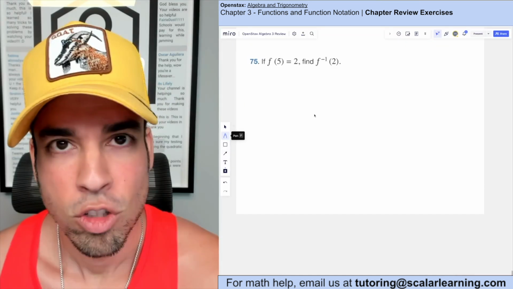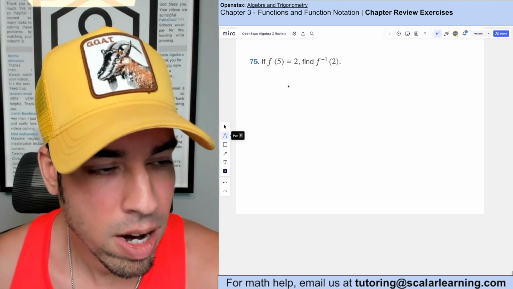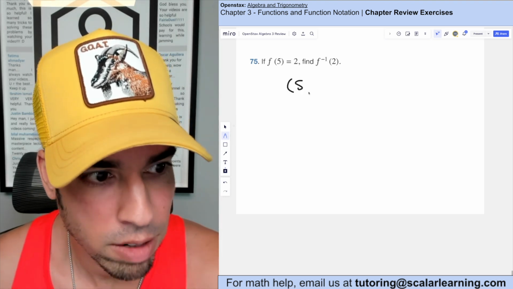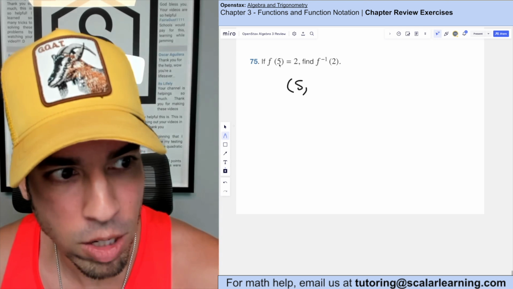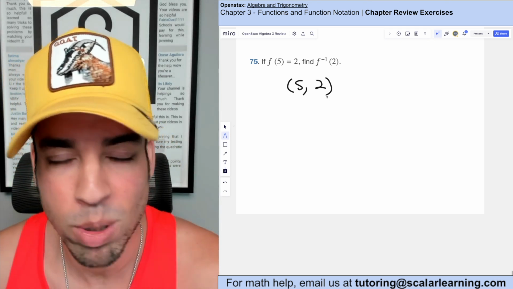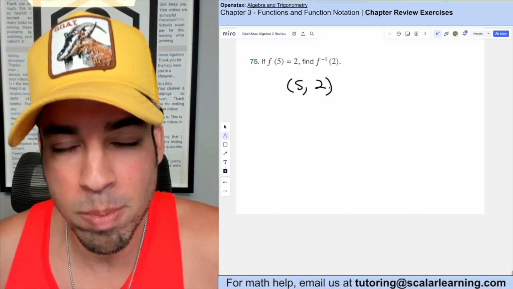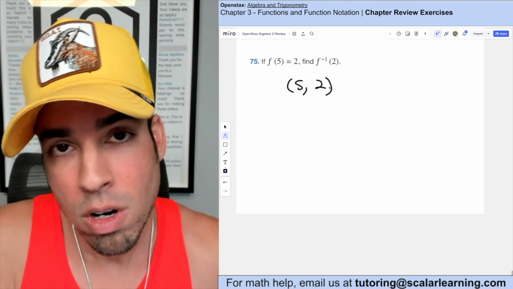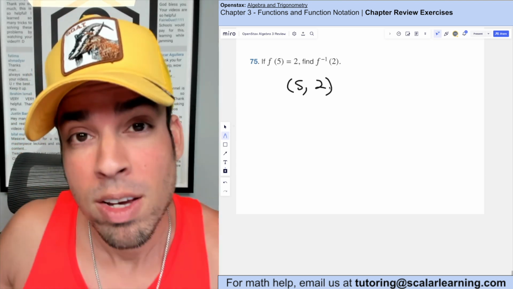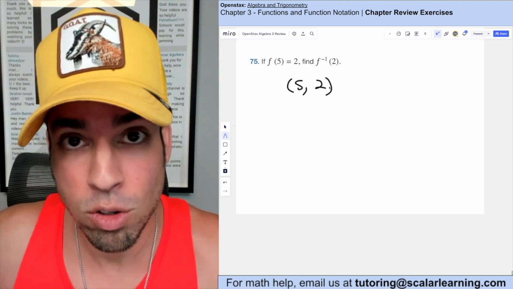Boom, done. So for this question, it's starting off by saying f of 5 equals 2, which means that if you plug in 5 as an x value for this function, you're going to get 2 as an output. Now, the most important thing to remember about inverses and the functions from which they stem from, they have inverted value inputs.